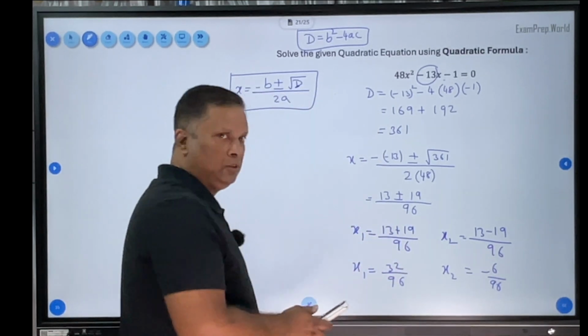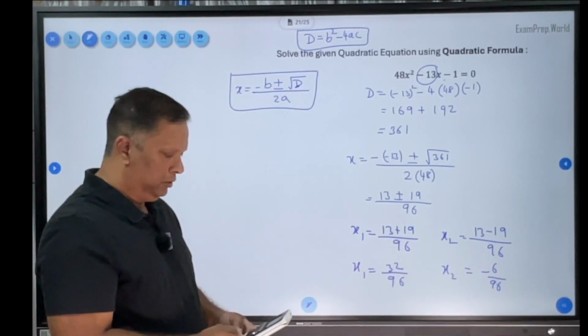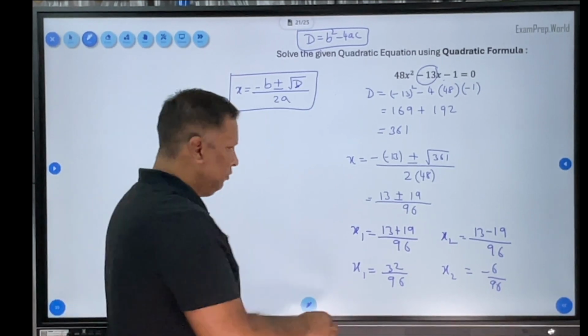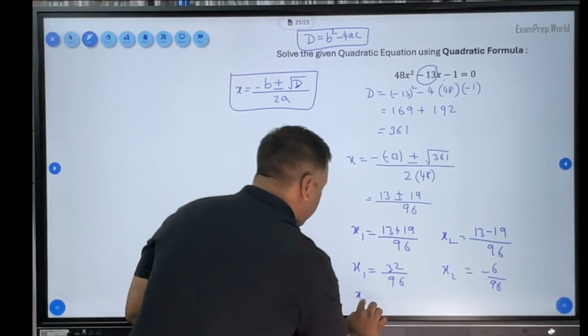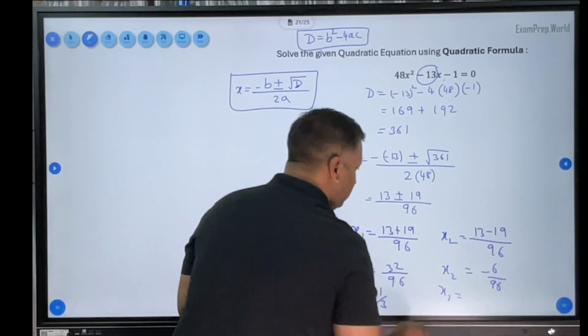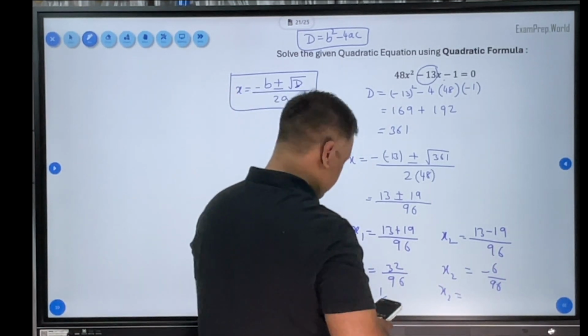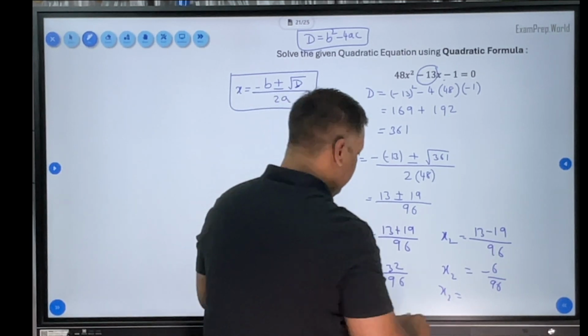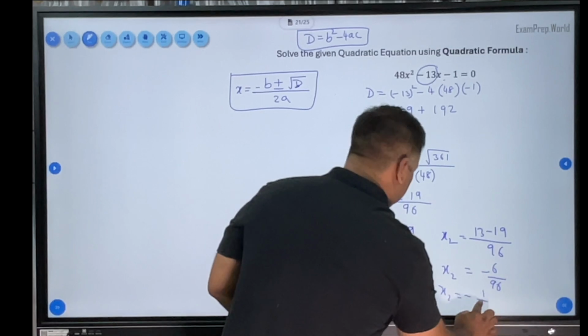You can simplify this to your lowest term. So 32 over 96 is 1 by 3. X1 is 1 by 3 and X2 is negative 1 by 16.